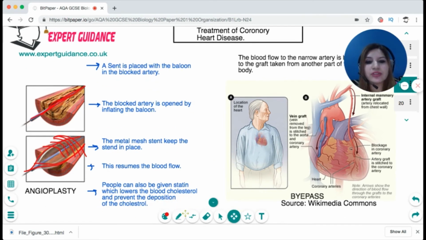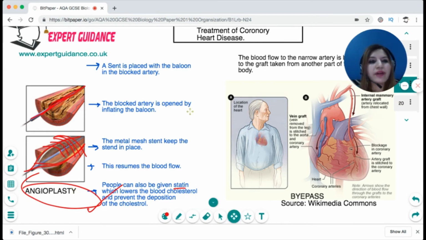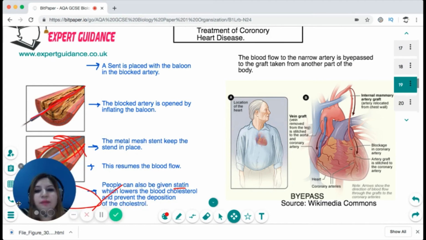People are also given medicine called statins, which lowers the blood cholesterol and prevents further deposition. So this is one of the ways, and this is also known as angioplasty, in which a balloon or stent is used to open the blocked artery. But there are cases where the stent cannot be placed because the blockage is too much, or due to some of the problems a patient can have with the stent.